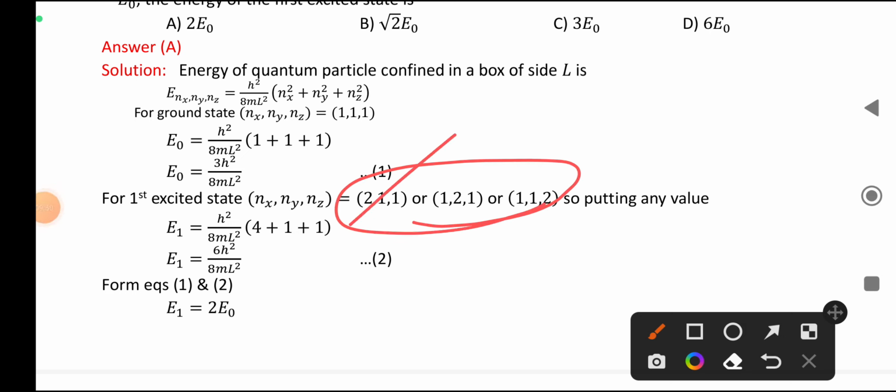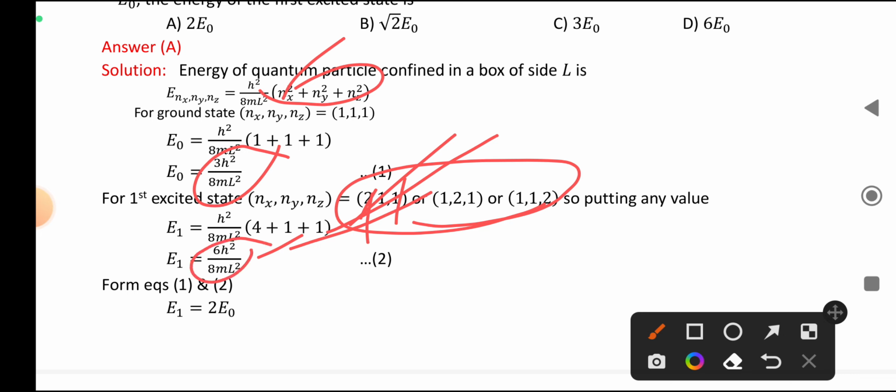So here I have taken this one and substituted in this formula, nx as 2, ny as 1, nz as 1. Substituted here I got this one, and it is like this. And see, this can also be written like this: it is 6 h square by 8 m L square.